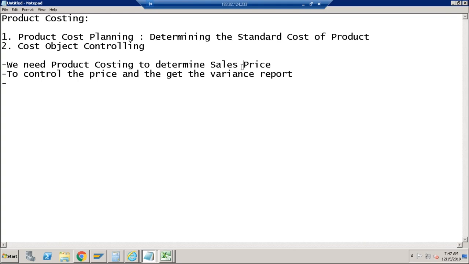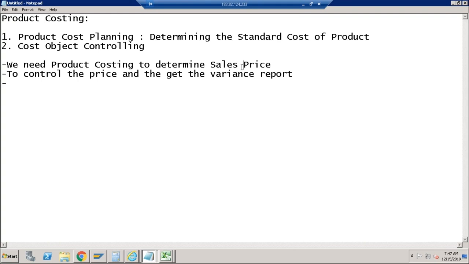Definitely not, right? You need to know the price before you manufacture it. This is obviously a planned price, because if you are doing something before it is manufactured, it is a planned price. So you need to know the planned price before you start the manufacturing.